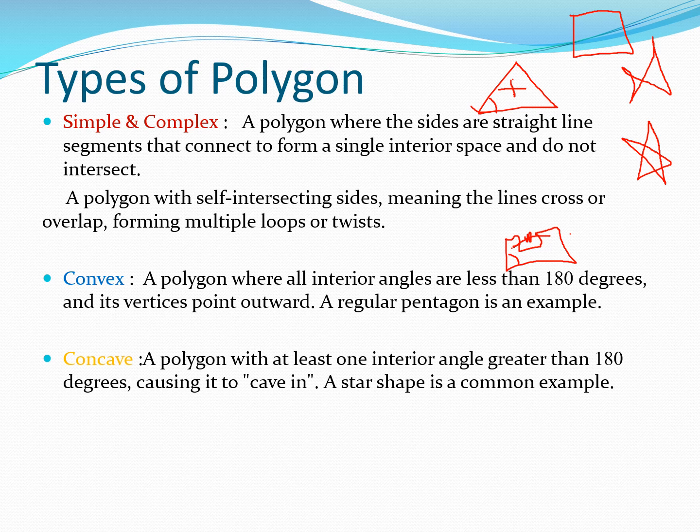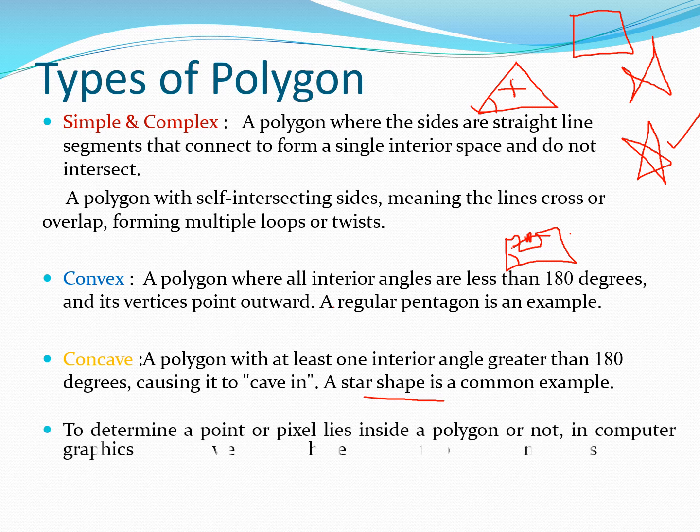A common example is a star shape. When we draw a line using pixels, part of the line appears outside the polygon. I hope this is clear. These are the types of polygon.